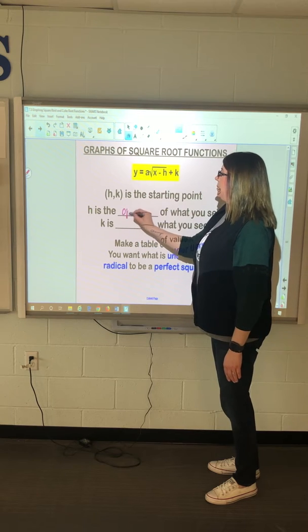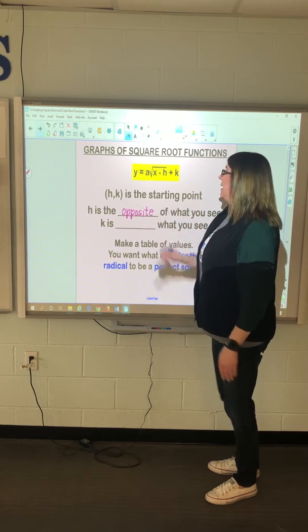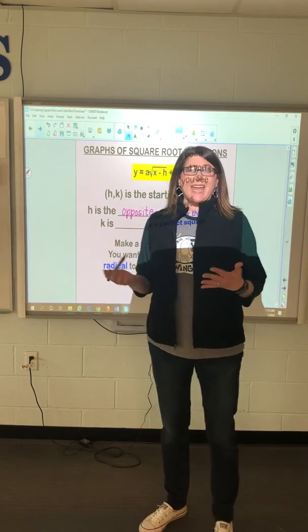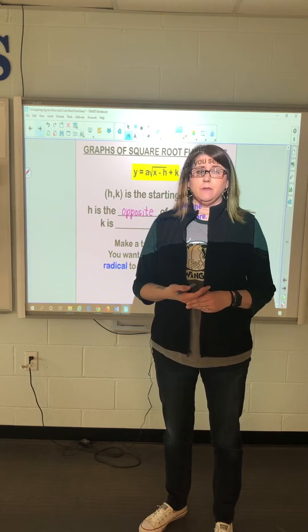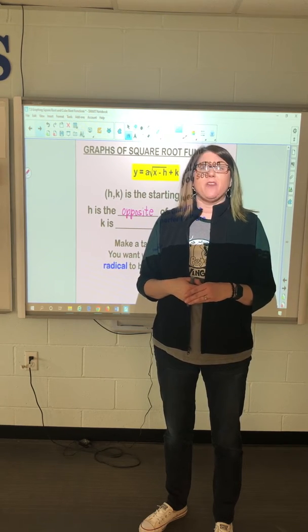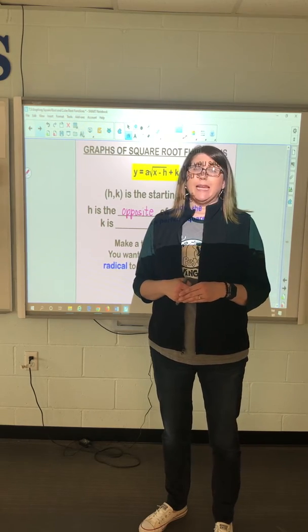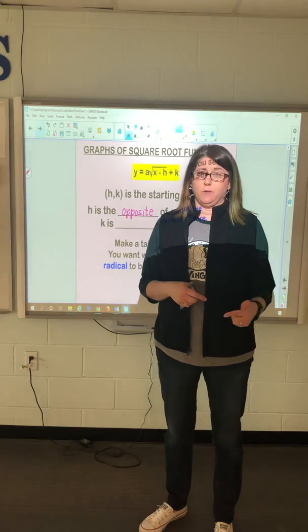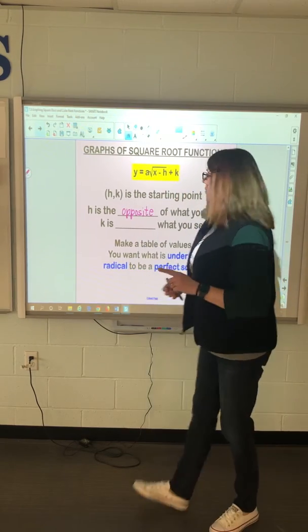H is going to be the opposite of what you see. In other words, if I see x plus 2, my h is not going to be a positive 2, it's going to be a negative 2 because that's the opposite of what I see. If I see x minus 5, my h is not going to be a negative 5, it's going to be the opposite of what I see, which is a positive 5. So h is always the opposite of what you see.